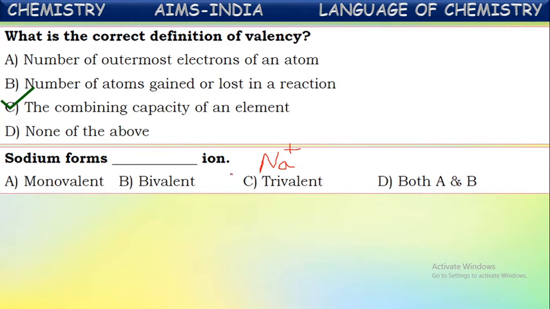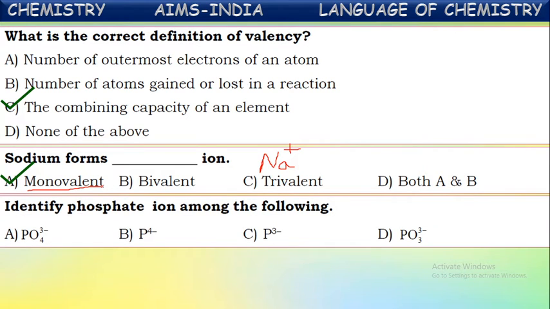So valency is 1, so it is called a monovalent ion. Mono is nothing but 1; monovalency means valency is 1. So sodium is the ion formed with one valency. Sodium is a monovalent ion.